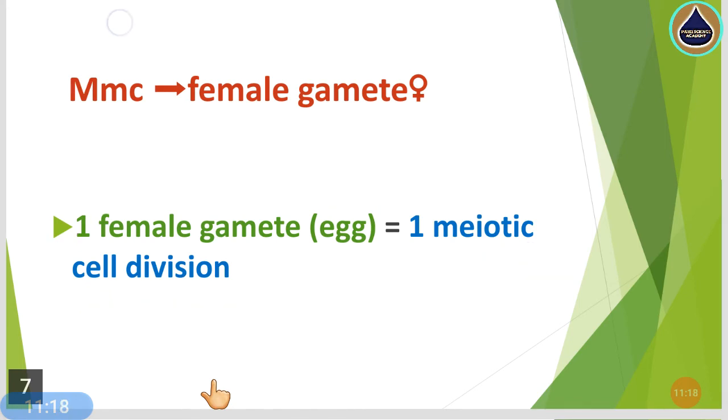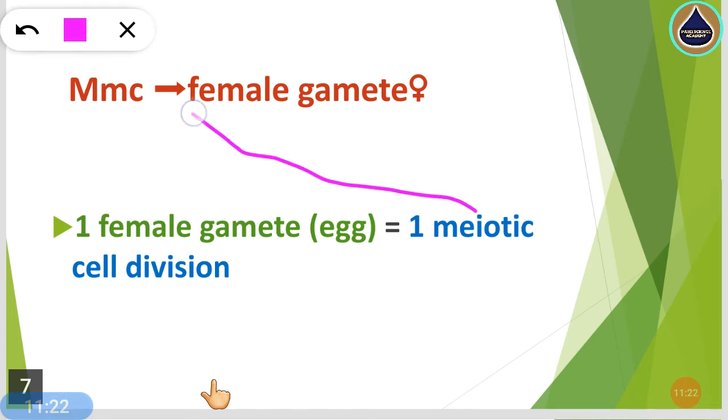It means that by one meiotic cell division, this megaspore mother cell converts into one female gamete. So simply, whatever the number of female gametes is, that is the number of cell divisions.